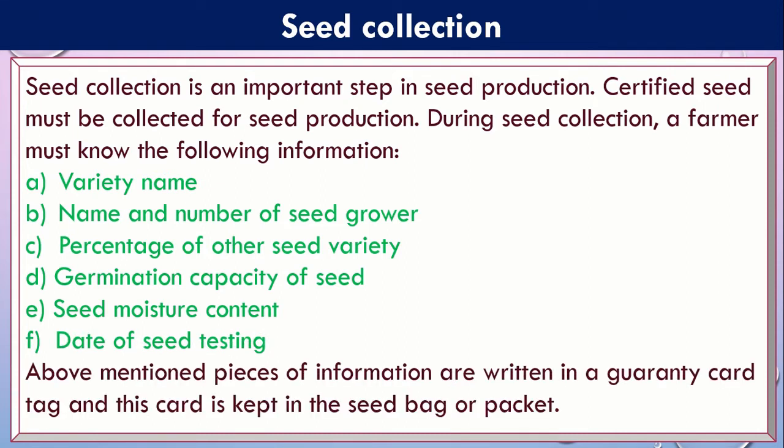Everybody should know these points when they collect the seed. If this is not mentioned on the seed packet, my suggestion is do not buy that seed, because there is no guarantee whether it is good or bad.